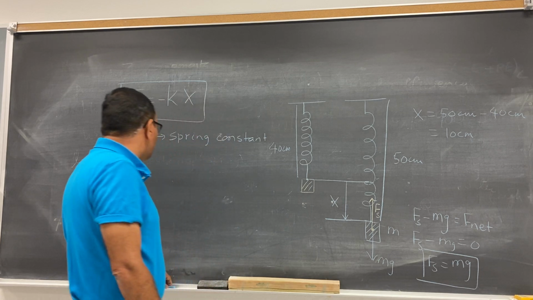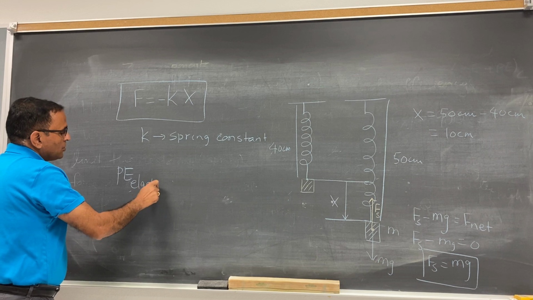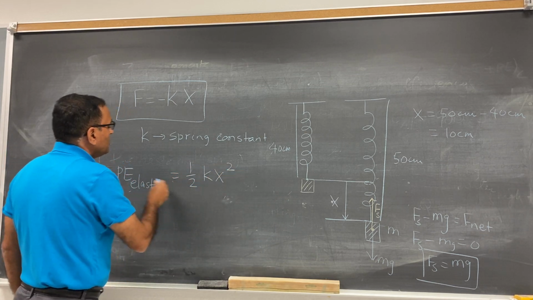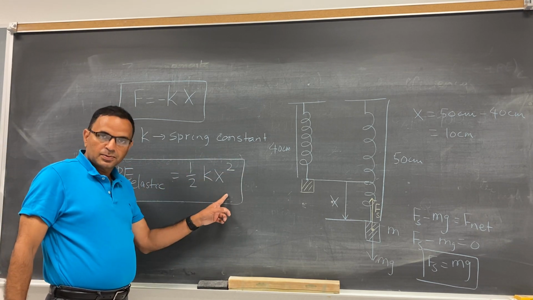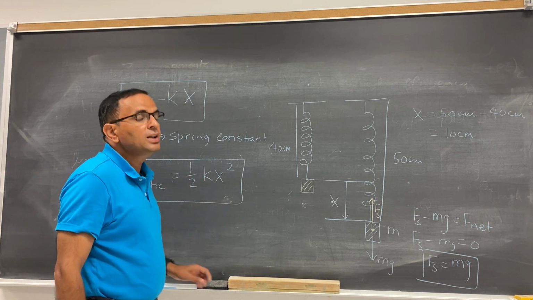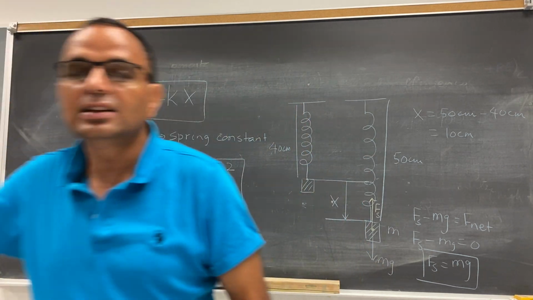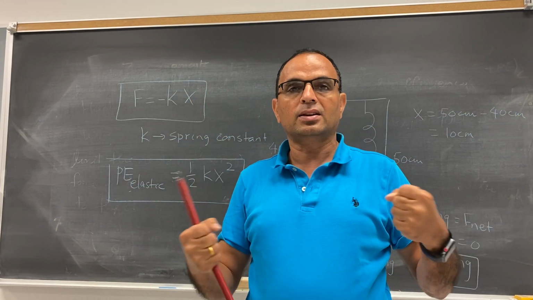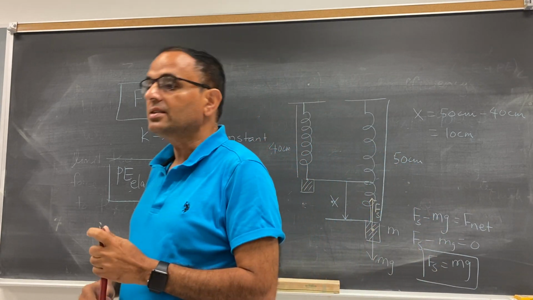We call that elastic potential energy, PE, and the formula is 1/2 kx squared. This is the formula to calculate the elastic potential energy. x is the change in length of the spring, K is the spring constant, which is given, and different springs have different K. You can measure the K. If you bring another very big, strong spring, that spring has a big K. So different springs have different K.